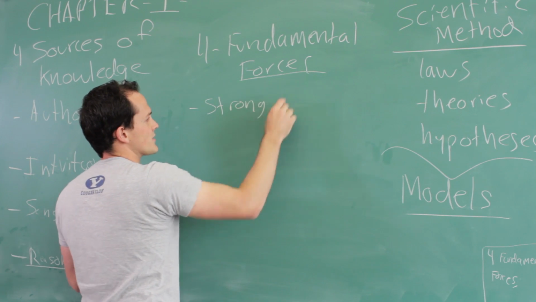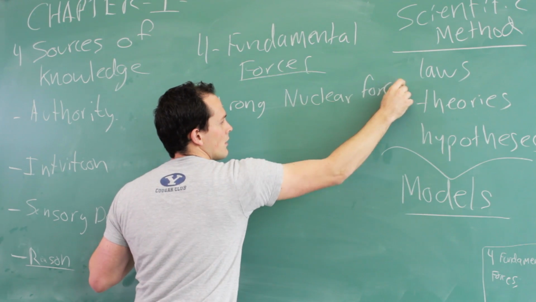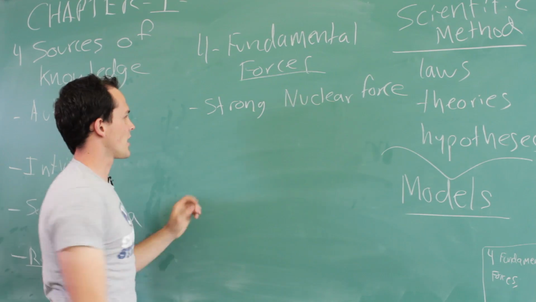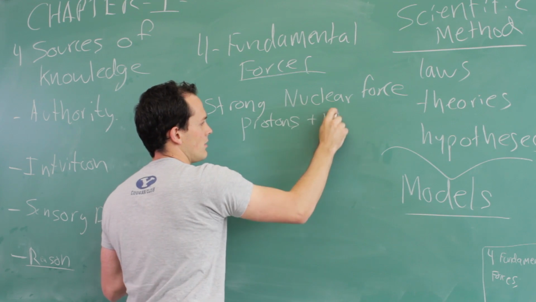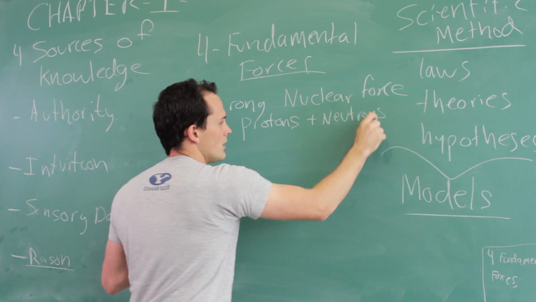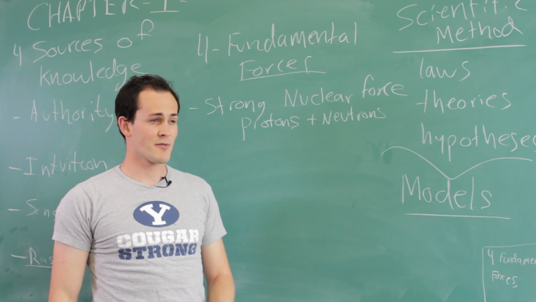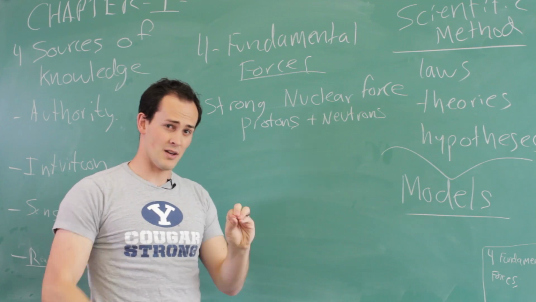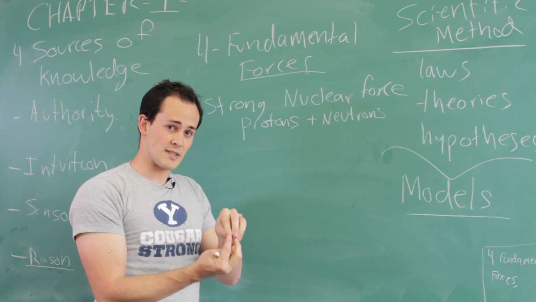The smallest force is the strong nuclear force. The strong nuclear force acts on the protons and the neutrons inside the nucleus of an atom. Its influence does not extend past the nucleus. The strong nuclear force is not felt at all by the electrons that are orbiting the nucleus, only within the nucleus itself.